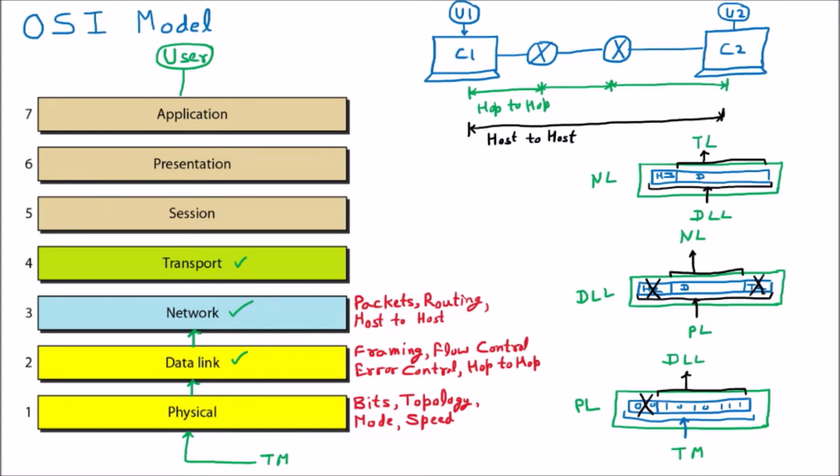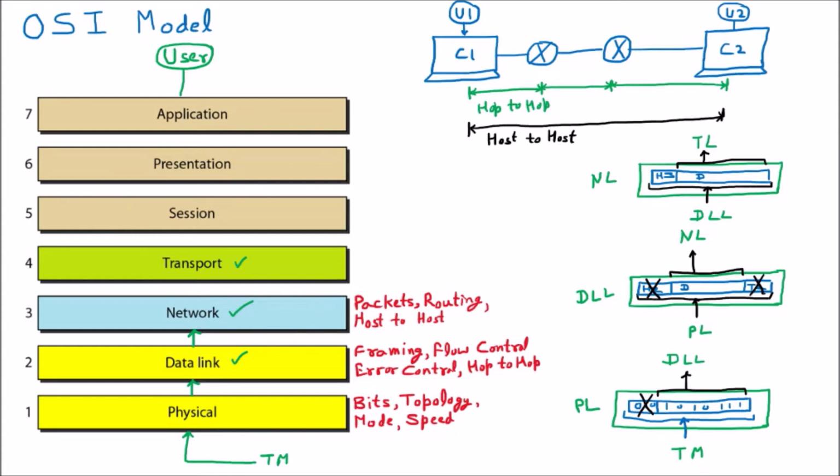Now, the network layer is not responsible for the data transfer between computer to router, router to router, or router to other device, then device to the computer. No. The network layer is responsible for your system and my system. The data is transferring from one system to another system directly. In between, how many devices are there?